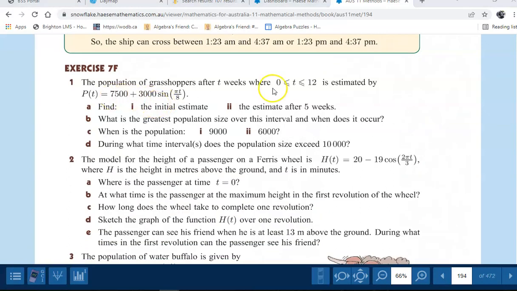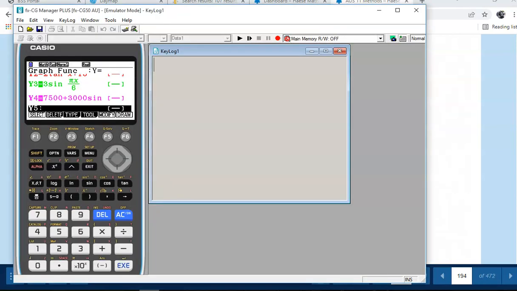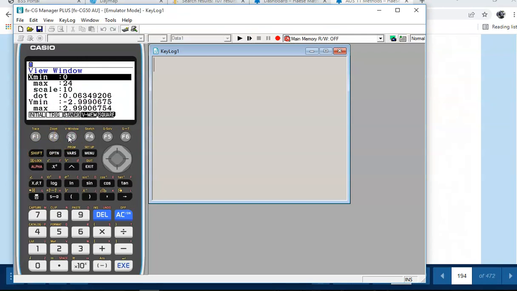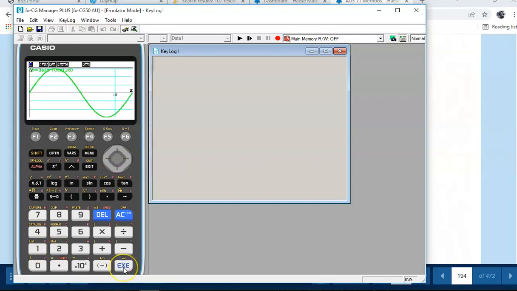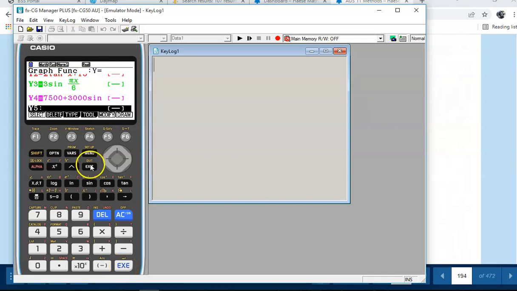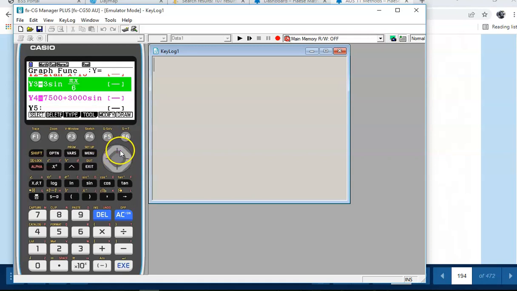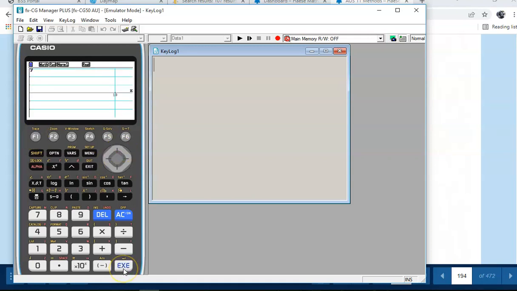So popping this in, 0 to 12. Okay, so we've popped that in. If you had success, you're trying to answer the questions. 0 to 12, enter, enter. We press draw. Oops, that's not it. So I've still got that one highlighted. So we press draw and we get nothing.